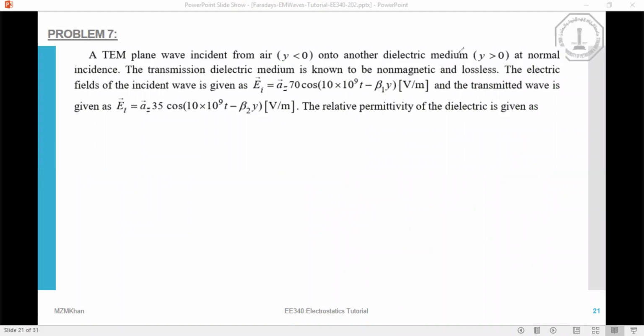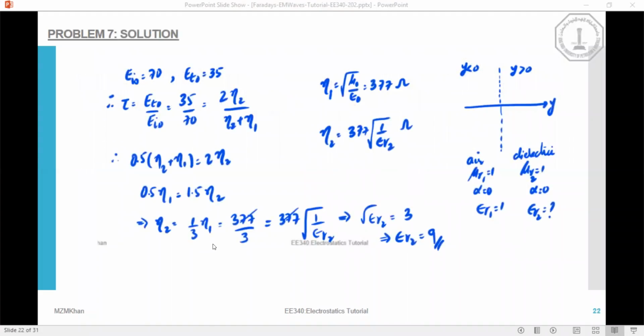You just go and substitute in your tau expression. See, tau 0.5 is 2 eta 2 over eta 2 plus eta 1, and then solve it, simplify it. Put eta 1 value, eta 1 is 377 ohms. Put eta 2 value, eta 2 is 377 over root of epsilon r2. Solve it, you will get epsilon r2 as 9. So this is an example of the normal incidence.